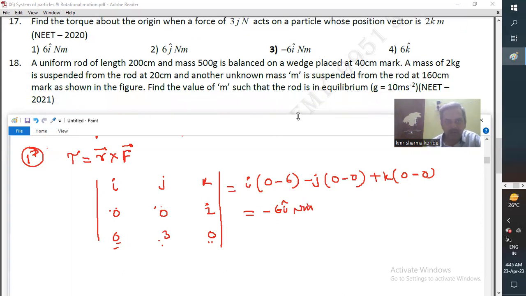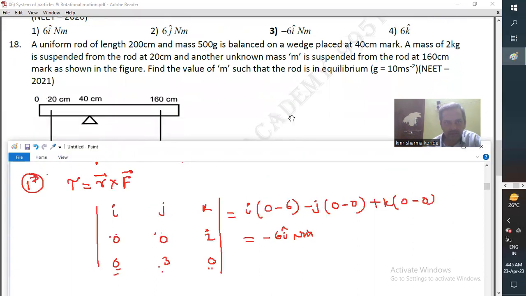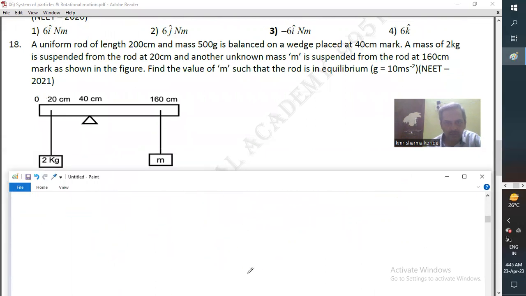Moving to question number 18. I think this is a question based on the principle of moments. A uniform rod of length 200 centimeters and mass 500 grams is balanced on a wedge placed at the 40 centimeter mark. So the fulcrum is at 40 centimeters, remember, from one of the ends of the rod.